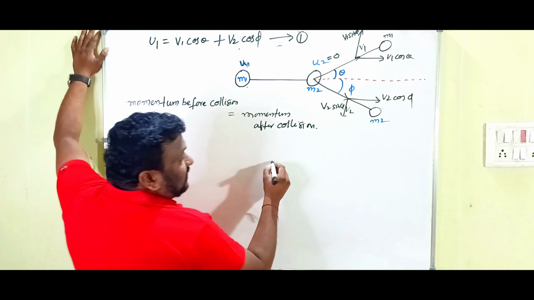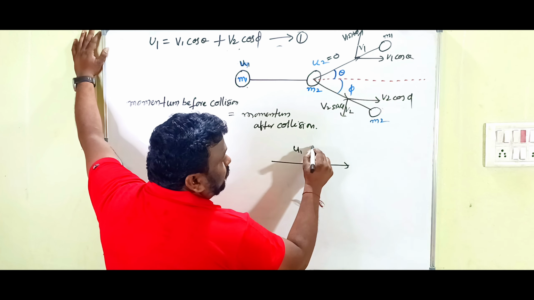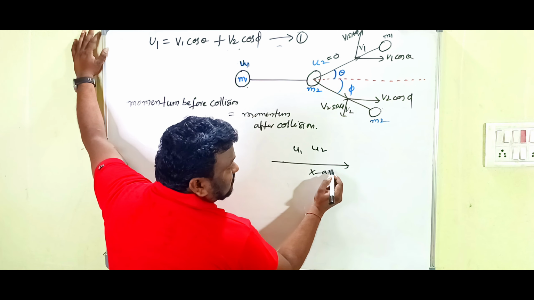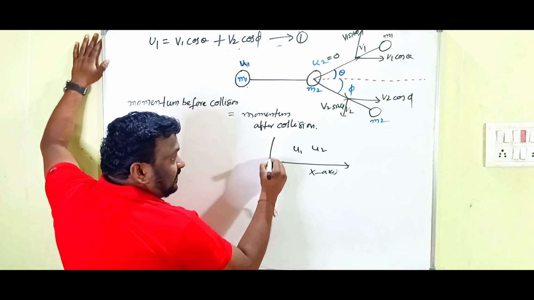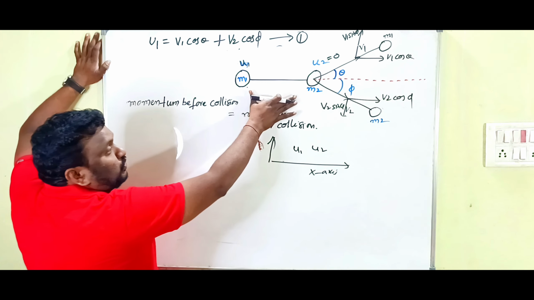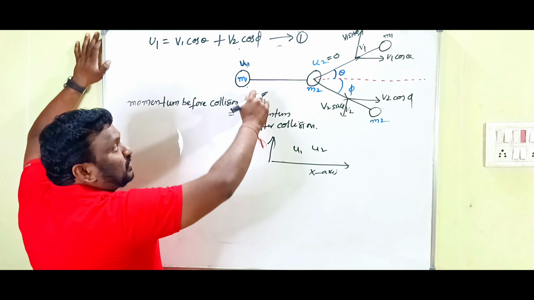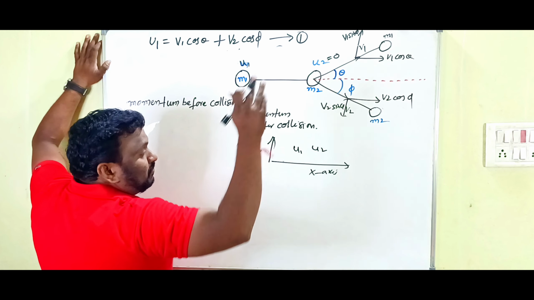So initially u1 and u2 are along the x-axis only. There is no velocity before collision with respect to the y-axis. You have to remember that.